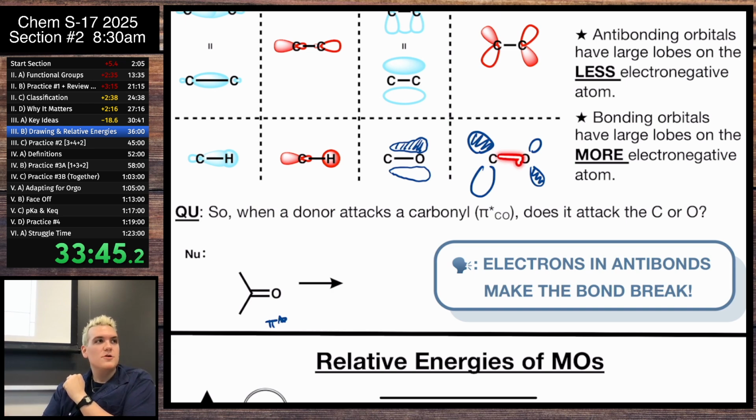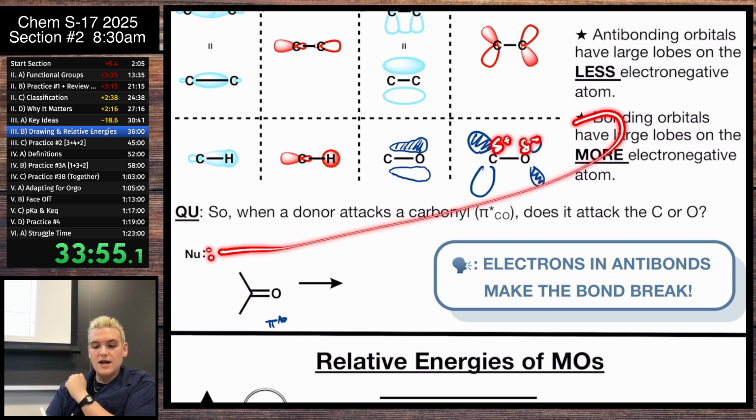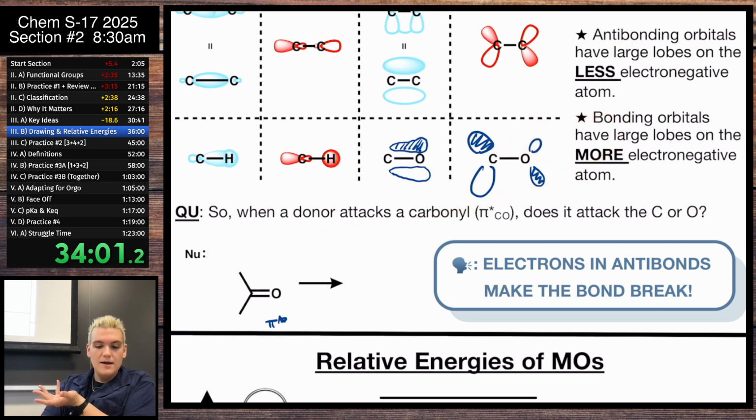Which side is partial positive, which is partial negative? So if we're coming in with electrons, it would actually be pretty hard to come in at the oxygen side that's partial negative, because that's going to have some repulsion, right? So it's a combination of more availability with larger orbitals on the carbon side, and also this electrostatic reason of its partial positive here.